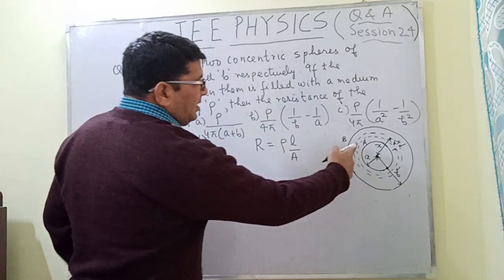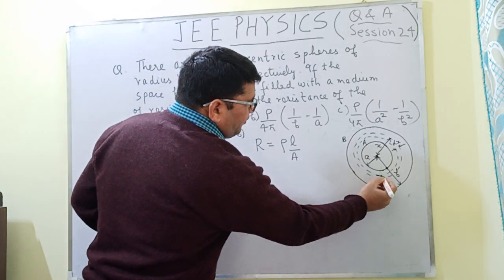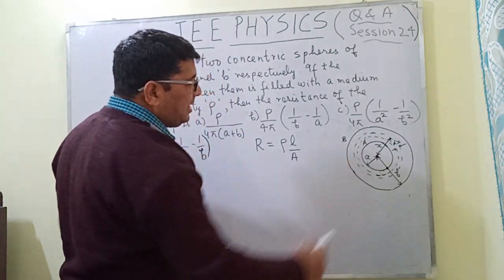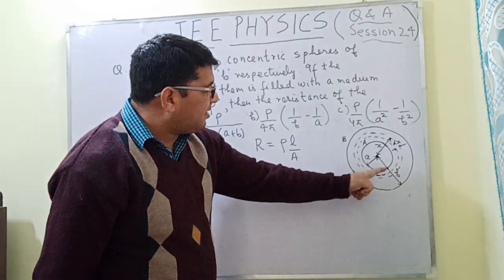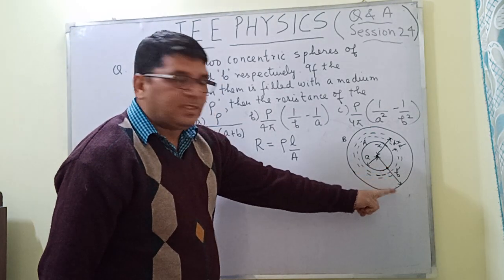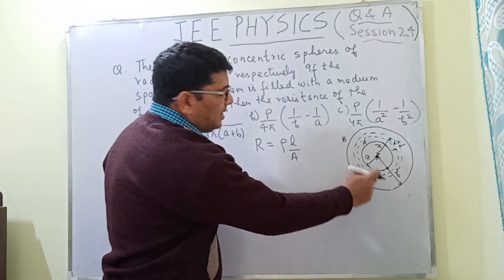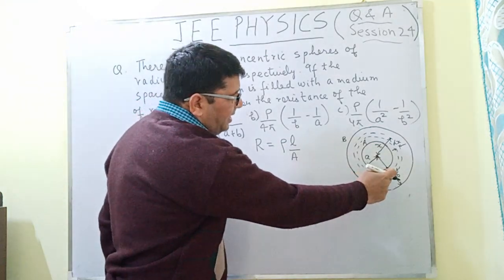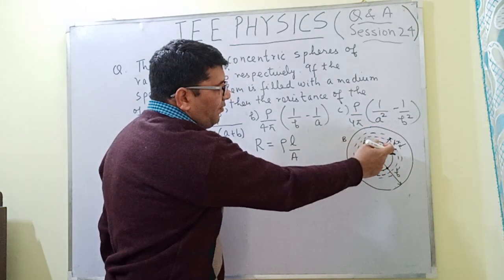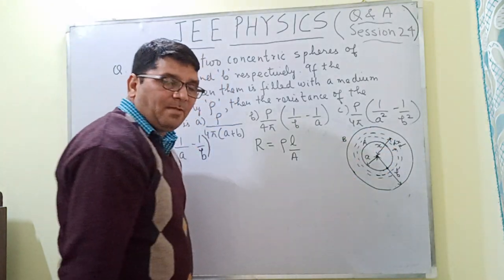Here is the concentric sphere with a dotted line, which I have considered between the two spheres, A and B. This is the gap between the two concentric spheres, and I have considered one concentric sphere of radius x having a thickness of dx, which is lying in this gap.